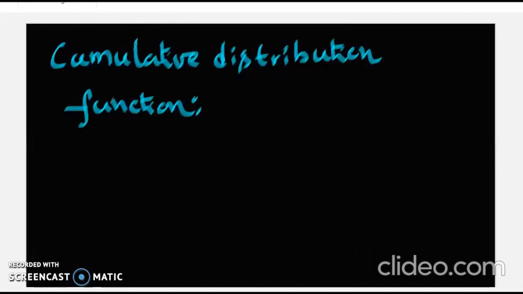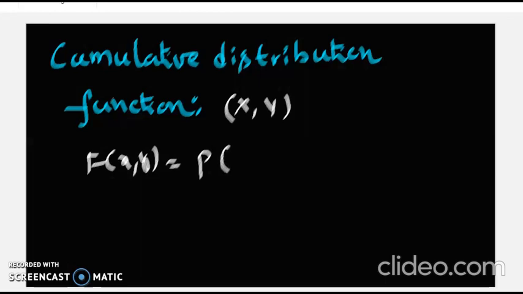Now, the cumulative distribution function. What is the cumulative distribution function? Here, x comma y are two-dimensional random variables. It is defined as capital F of x comma y, which is, as we already know, the probability of capital X less than or equal to small x and capital Y less than or equal to small y.